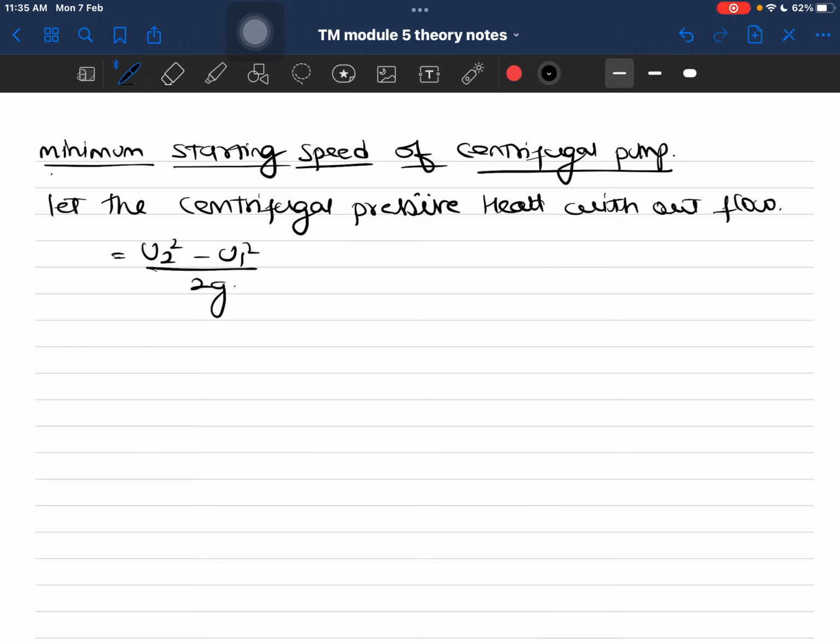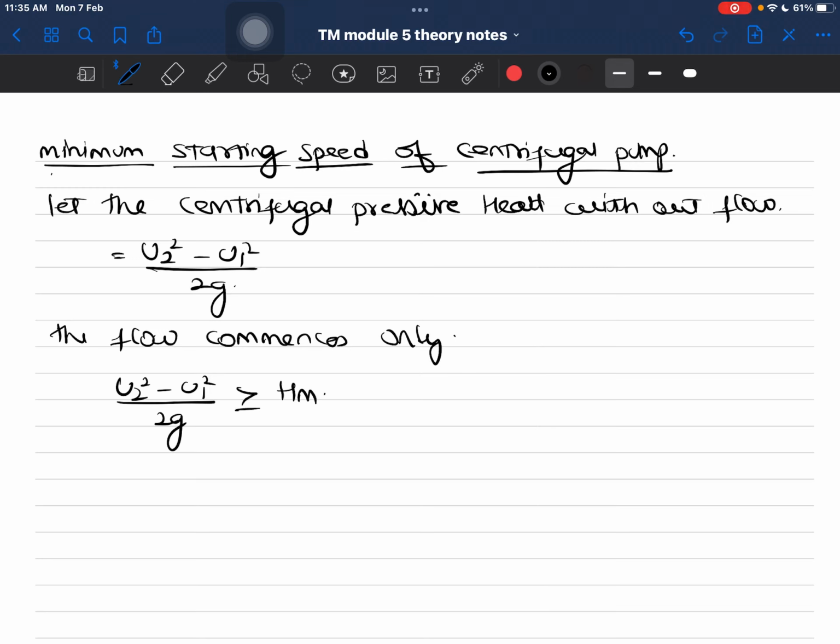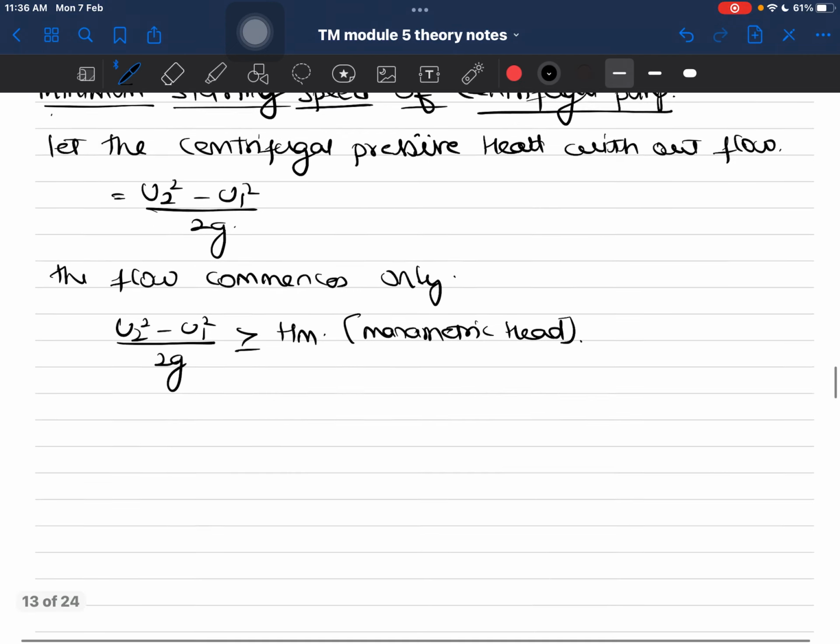Now, the flow commences only when (u2 square minus u1 square) divided by 2g is greater than or equal to the manometric head, Hm. So only if it is greater than Hm, the flow will occur.